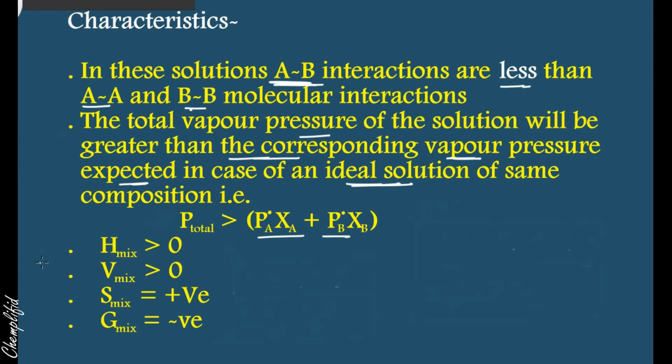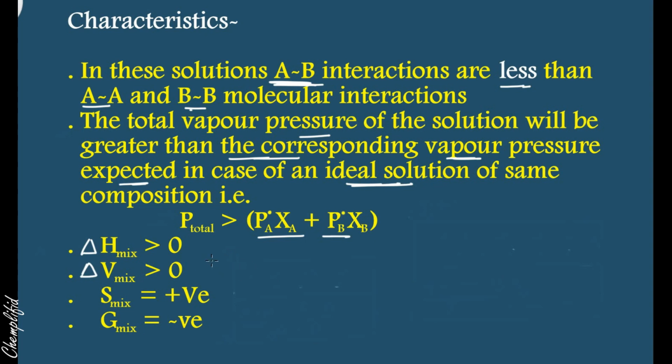Now be prepared. Now we will talk about the most important terms, delta H and delta V. First we will talk about delta H, that is enthalpy of mixing. When you mix two different components together, in our case non-ideal solution, delta H mixing is greater than 0.